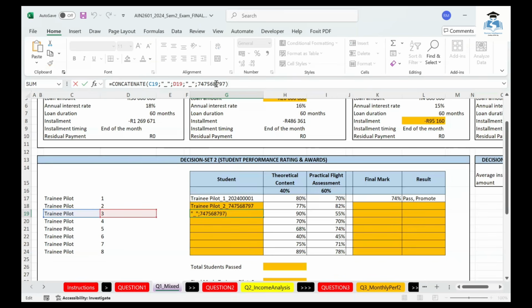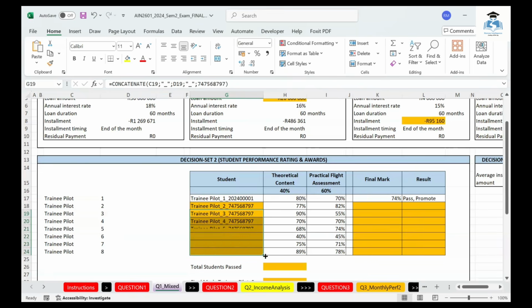Remember the formula will tell you, for example, if I want to add another one here, it will say text 7 or text 6. Then I put my text and go on and go on. So if I drag my formula down, then it populates the results. So you choose the one that you like.